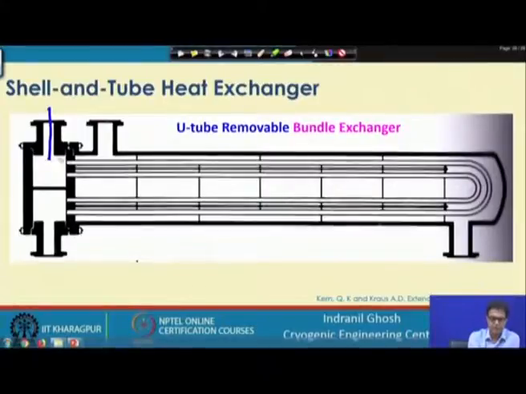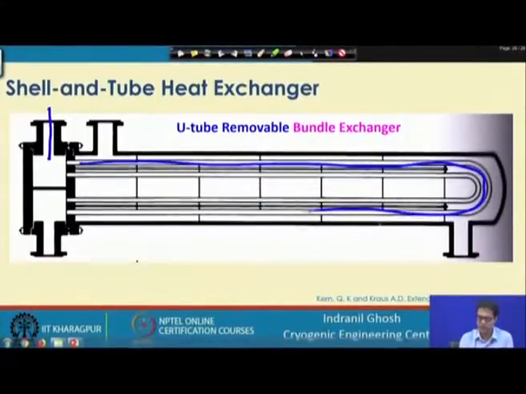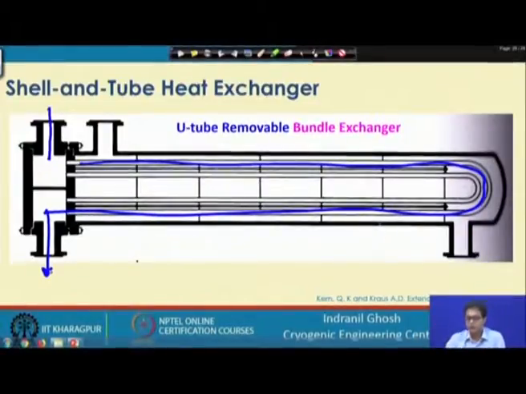It will enter over here, and then they will come out and move out of this space. The advantage of this one is that the expansion or differential expansion of the tube is automatically taken into account. It is already a U bend, and if it is differentially expanding, it has the possibility to expand on this side.